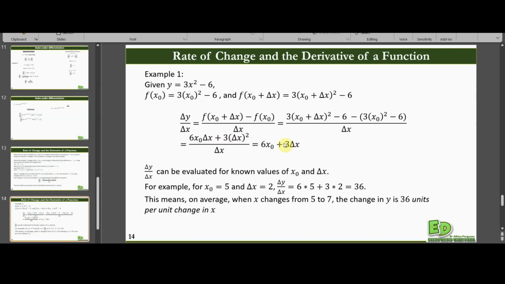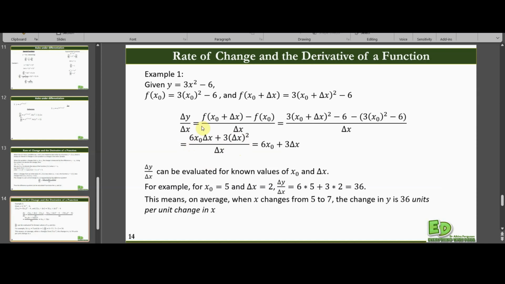So we'll have Δx(6x₀ + 3Δx) all over Δx. In the numerator, there is a Δx here and a Δx here, squared, right? So by simple factorization, we factor Δx out, leaving us with 6x₀ here and plus 3Δx over here, all over Δx. The Δx here will cancel the Δx we factored out, right?